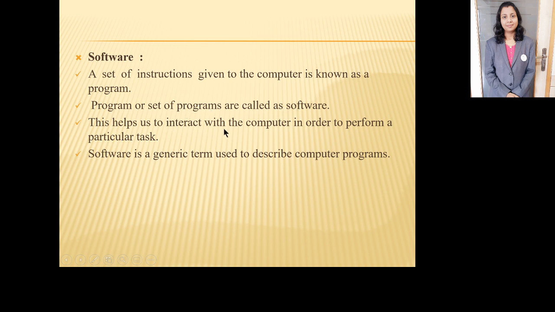This helps us to interact with the computer in order to perform a particular task. In order to interact, we need to give the set of instructions. Software is a generic term used to describe the computer programs, used to describe the programs which are given to the computer.